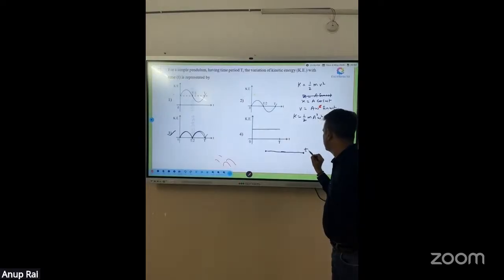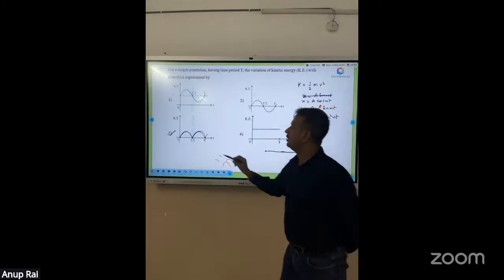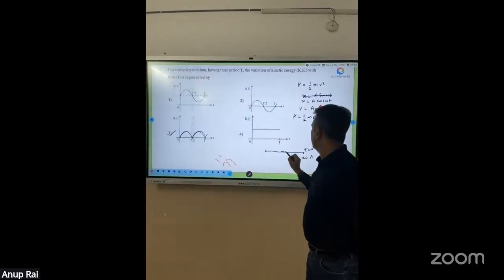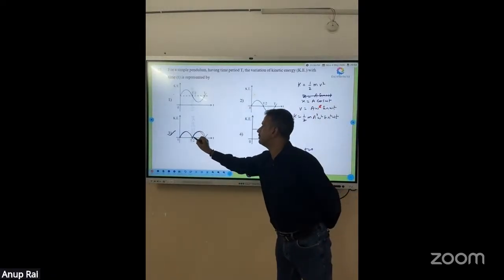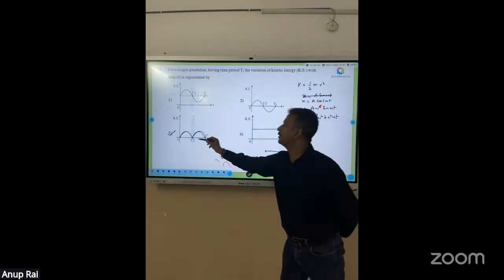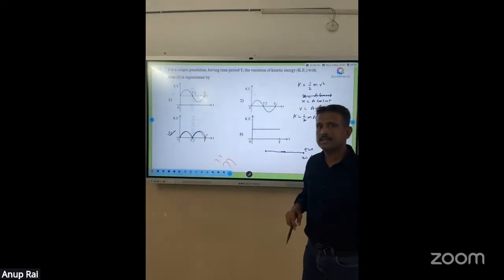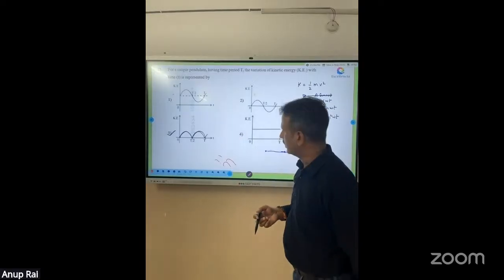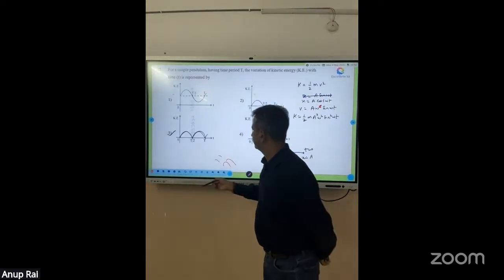Here at t is equal to 0, it is starting from x is equal to a. Then kinetic energy will be 0. At mean position, it will reach maximum. And then again, it will never go negative because kinetic energy is never negative. It is always positive. All right.